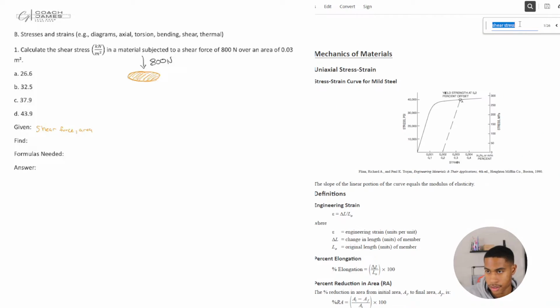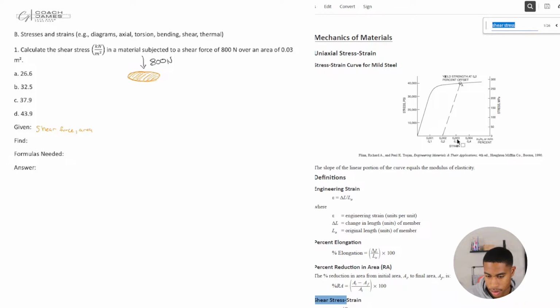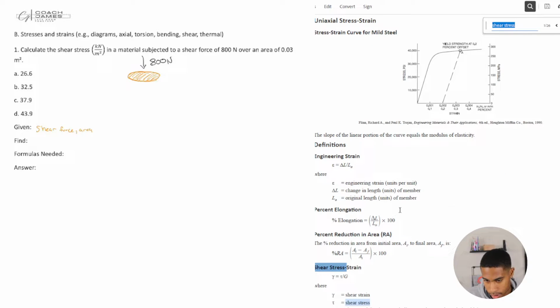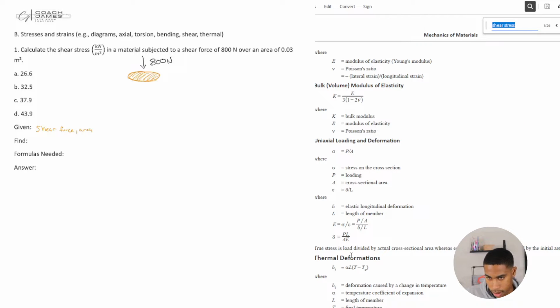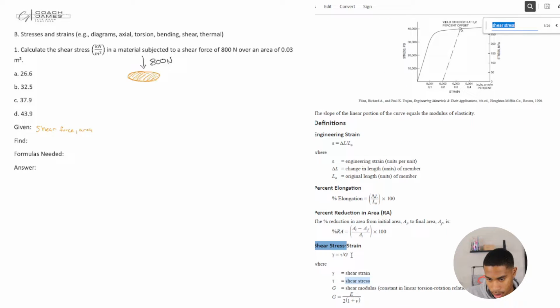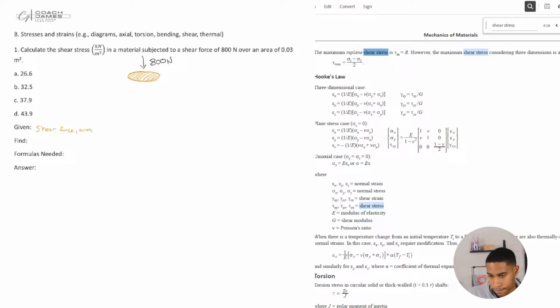Shear stress is denoted again as T over G, where G is the shear modulus, and then shear strain. We're not given any of that information, so we wouldn't use that formula.